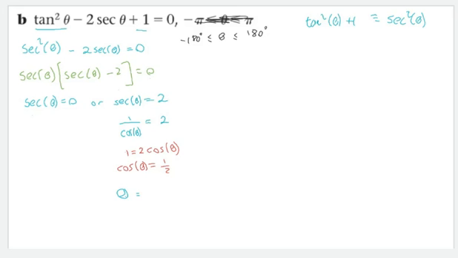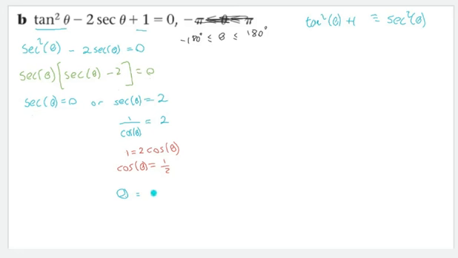Okay, so any suggestions for what theta could be? I got theta equals negative 60 and 60. Negative 60 and 60. Yeah, I got that too.